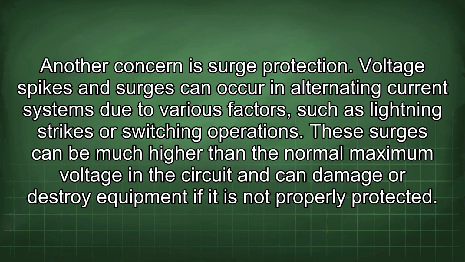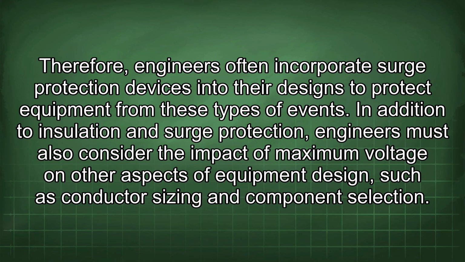Voltage spikes and surges can occur in alternating current systems due to various factors, such as lightning strikes or switching operations. These surges can be much higher than the normal maximum voltage in the circuit and can damage or destroy equipment if it is not properly protected. Therefore, engineers often incorporate surge protection devices into their designs to protect equipment from these types of events.